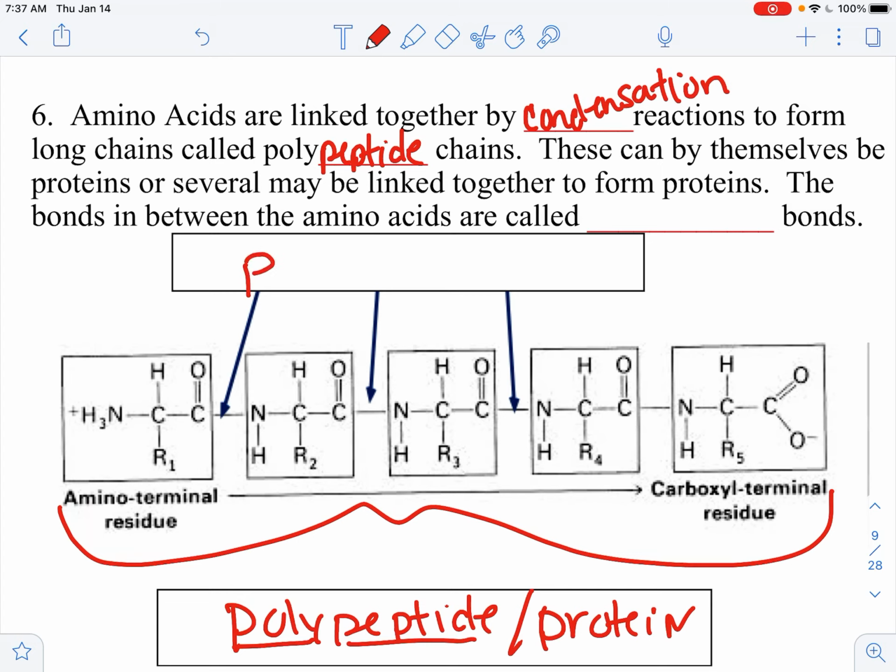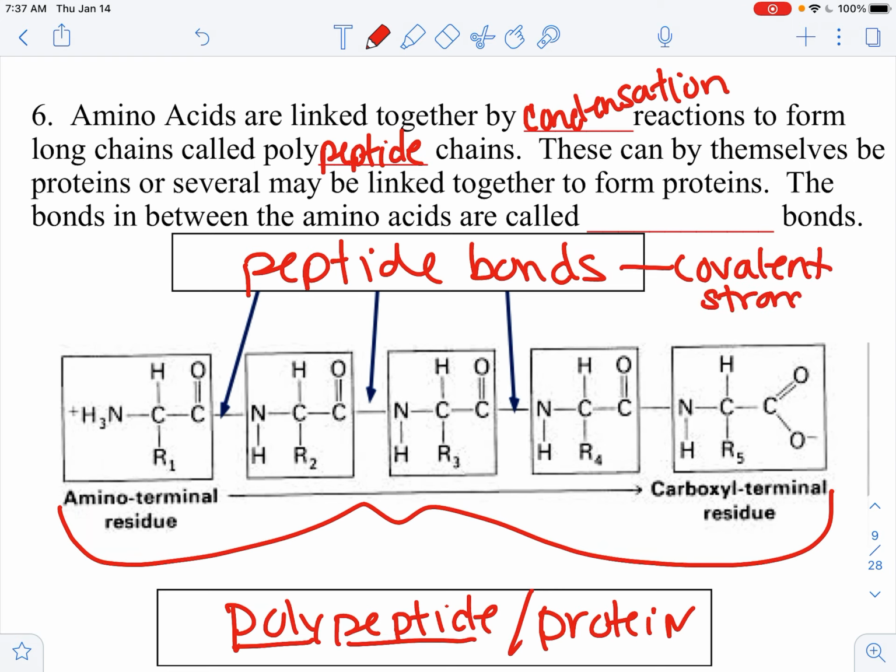So these are the peptide bonds. And those are the name, when you do a condensation reaction, you can see this is a polypeptide that has 1, 2, 3, 4, 5 amino acids in that polypeptide chain. And the covalent bond, this is a covalent bond that's strong.